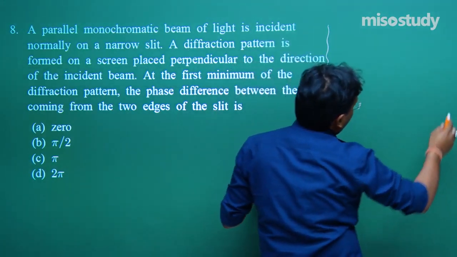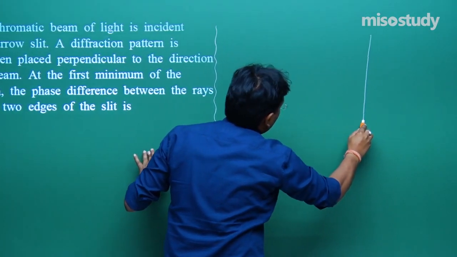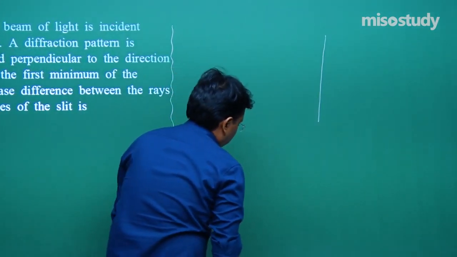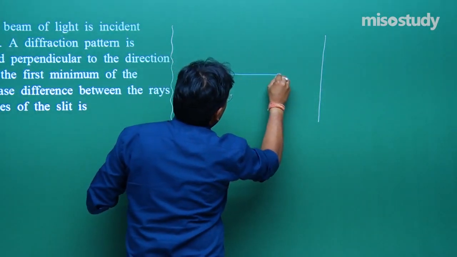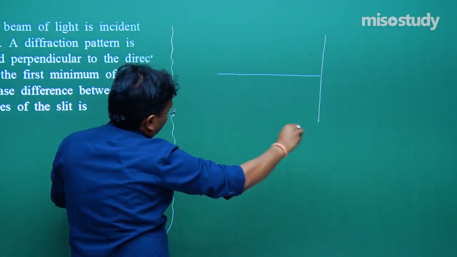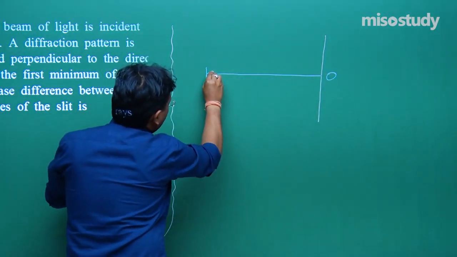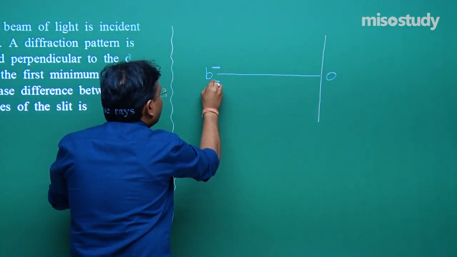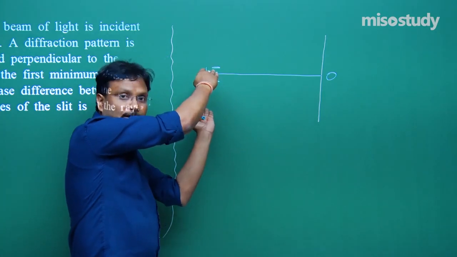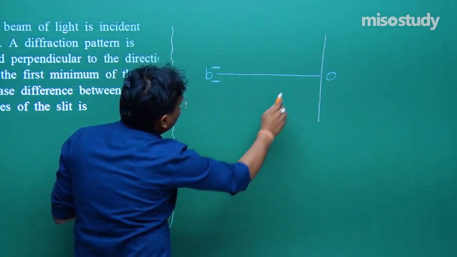I would like to draw a diagram just to give you better clarity. Okay, this is O, this is B. B is basically this small gap, that is the slit width, fine. And then what is the situation?